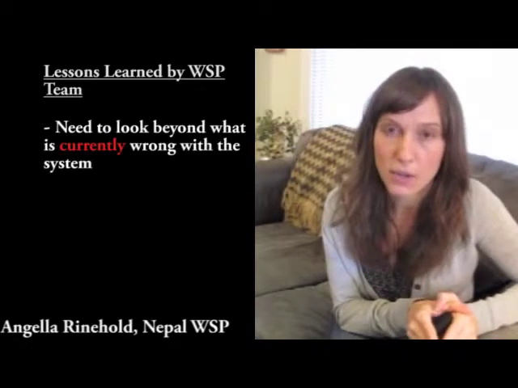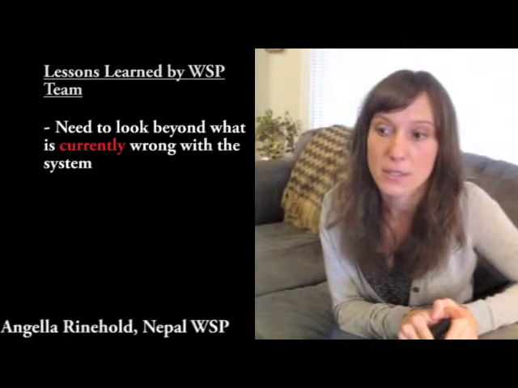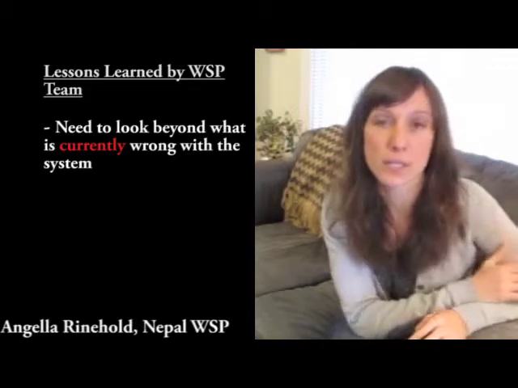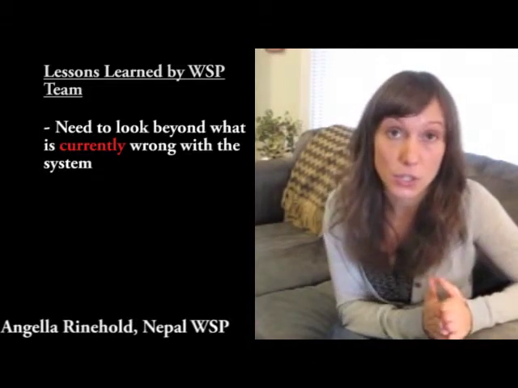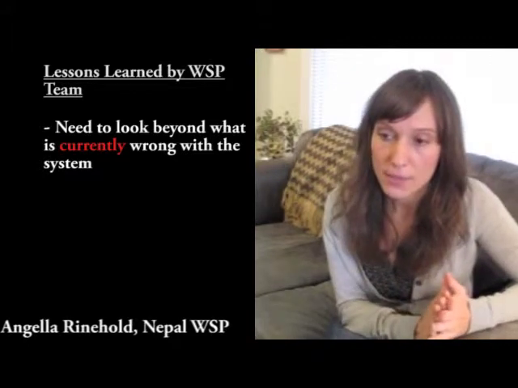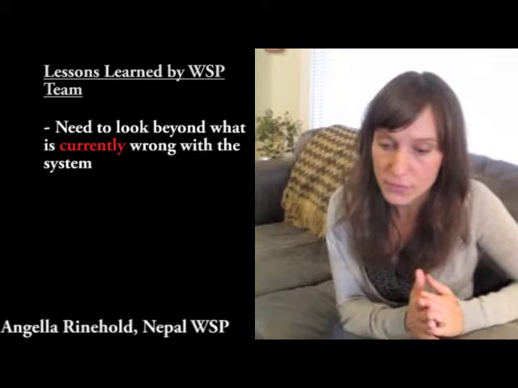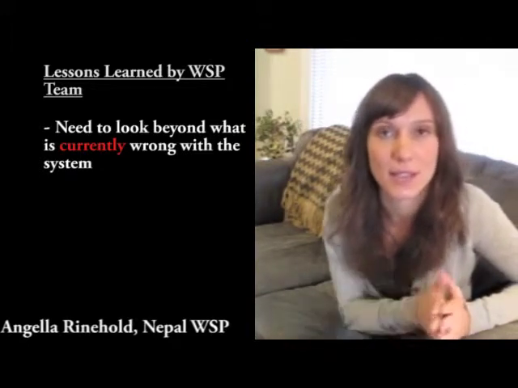One of the issues that was raised was that the Water Safety Plan team during hazard identification really focused on what is currently wrong with the system versus what's wrong with the system now, what's occurred in the past, and what could potentially go wrong in the future. As an example, they had very few hazards identified within the distribution system. And that was because they limited their assessment to what they could see at the time of the assessment.